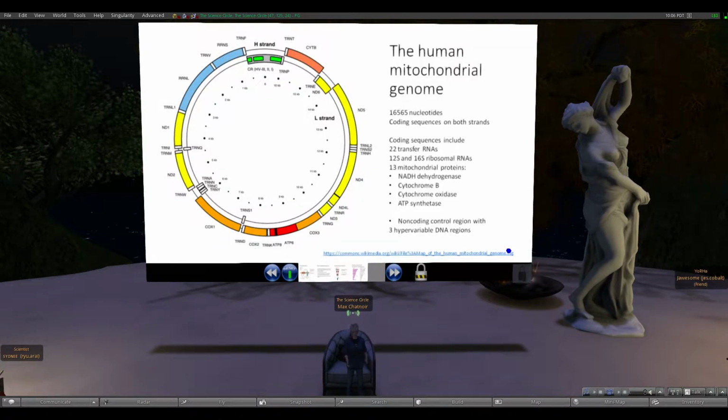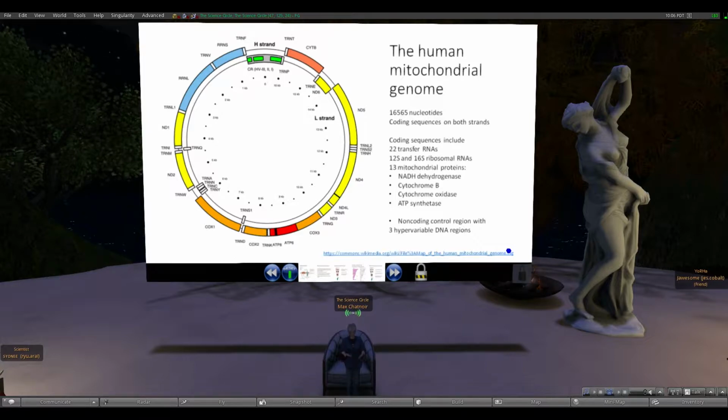And this is a picture of the mitochondrial genome. It's fairly small. The human mitochondrial genome is very similar to the mitochondrial genomes of other vertebrates. There are about 16,500 nucleotides, and the genes are very closely spaced. There's almost no space in between genes.